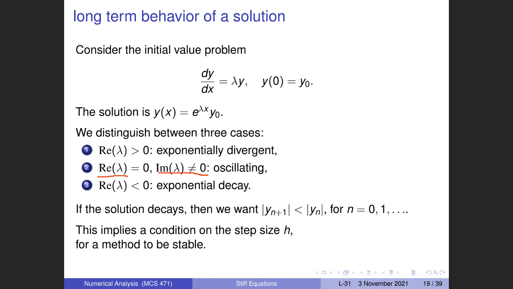But we will focus today on what happens with the exponential decay. We can take still real values, so we will not consider complex values, but we will consider small values, exponential decay.